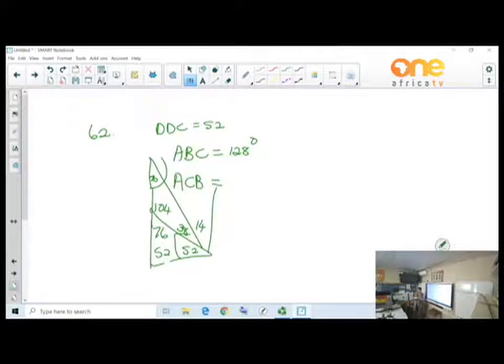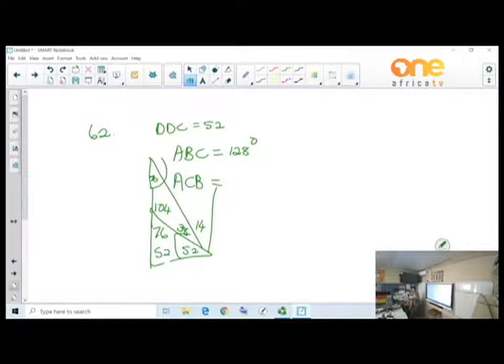Because the angle at C, these two will be co-interior. So then we can also say that it's 180 minus 128, soos Luan gesê het, but then also minus 38. Then you also get that one, co-interior angle. So the parallel lines have to be used.